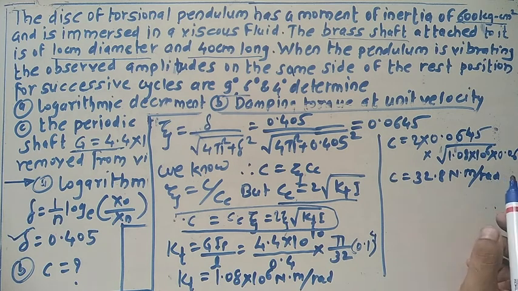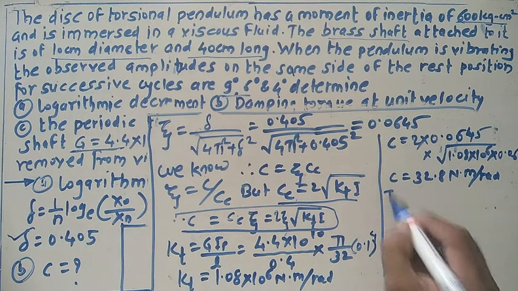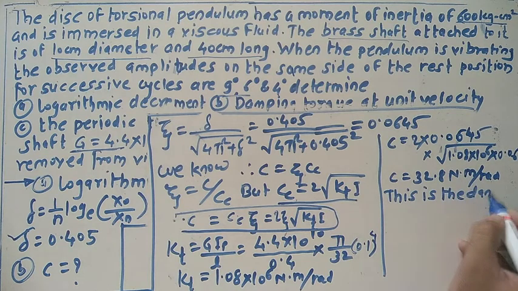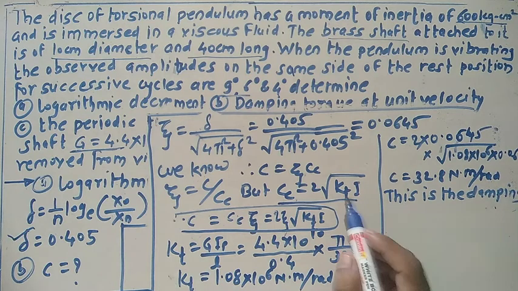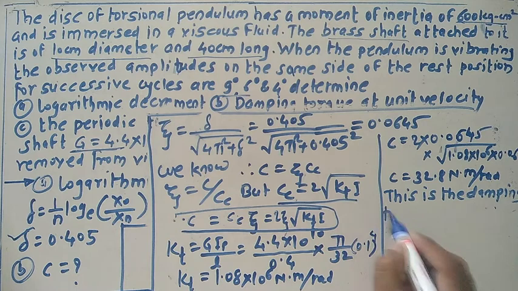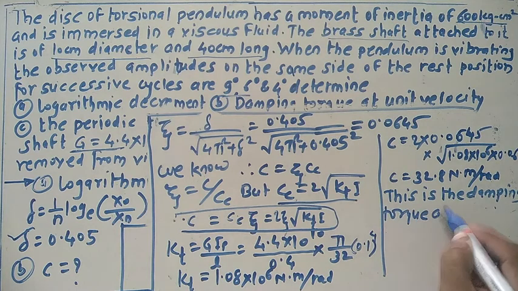This is the damping torque at unit velocity.